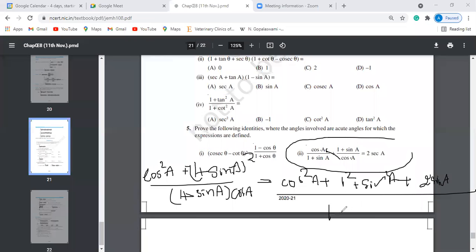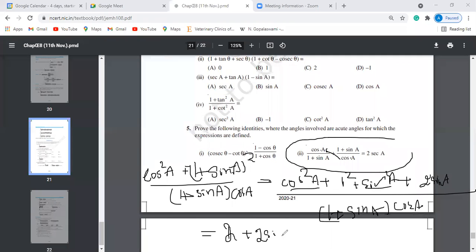And in the denominator we have 1 plus sine A into cos A. Correct? See, cos square A plus sine square A is how much? It is 1. 1 square is 1. So 1 plus 1, how much? 2. Correct? 1 plus 1 is 2, plus 2 sine A.